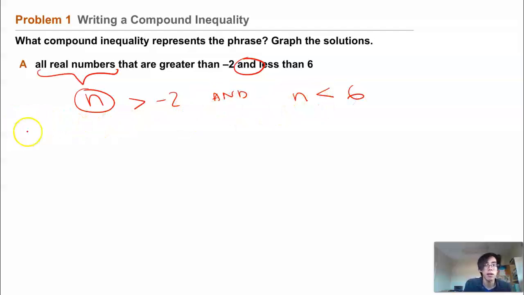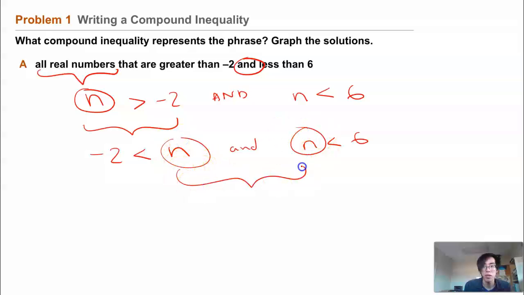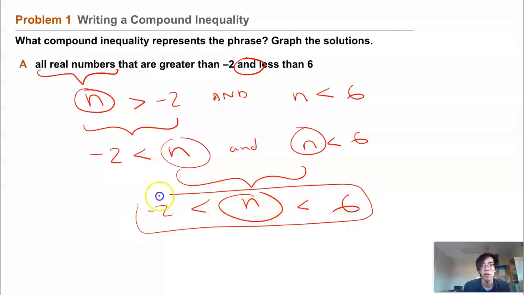Once again, I can write this flipped around: -2 is less than n, and n is less than 6. Then all I do is combine these two and mesh them together in the middle, so that it is -2 is less than n, and n is less than 6, and that is my answer.